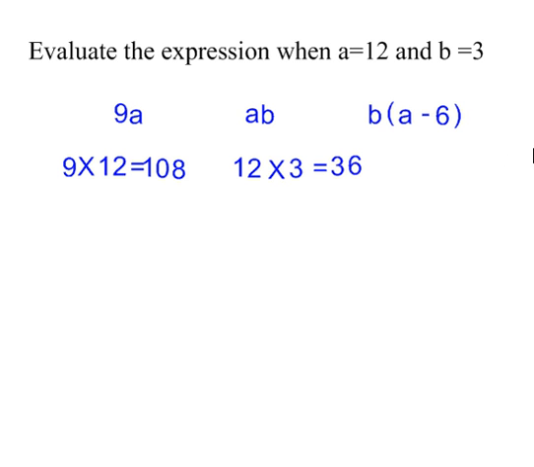Okay, now let's look at this final one. And this is going to take into account our lesson from yesterday with PEMDAS, or the order of operations. First of all, I would rewrite the equation as 3 parentheses a, which is 12, minus 6.